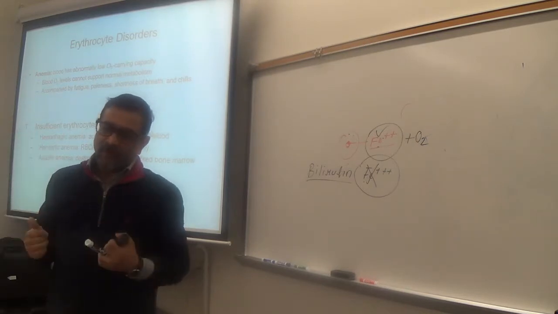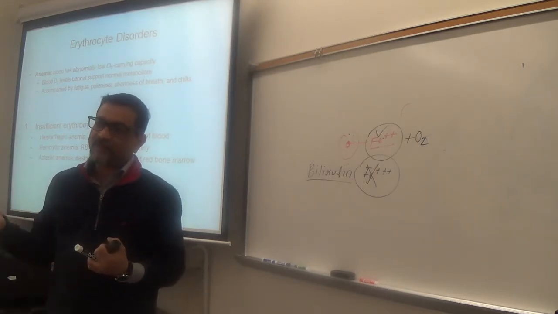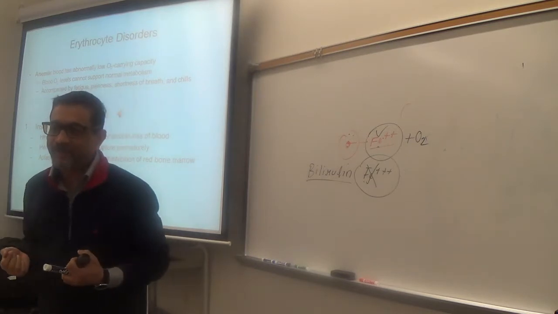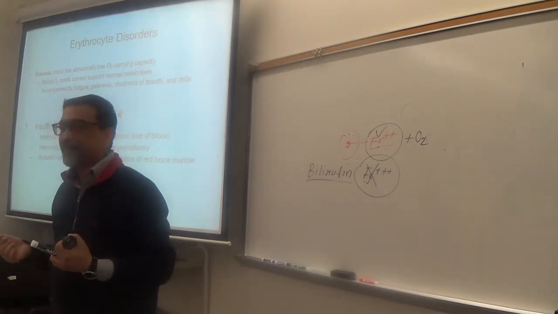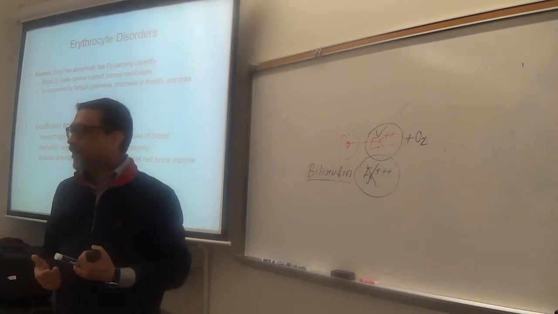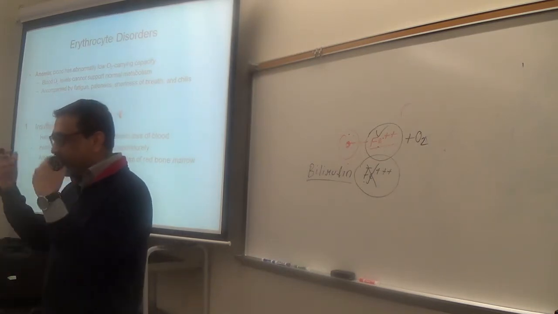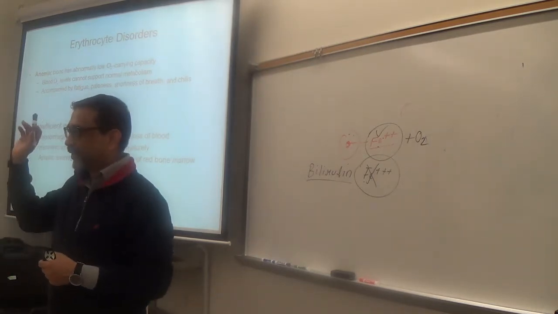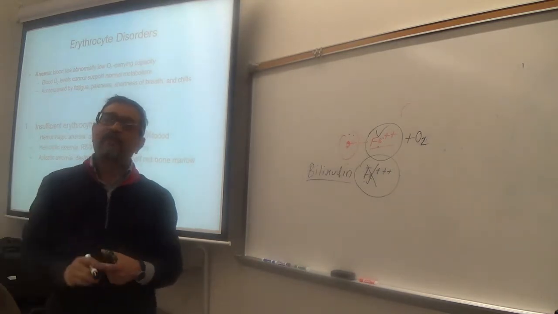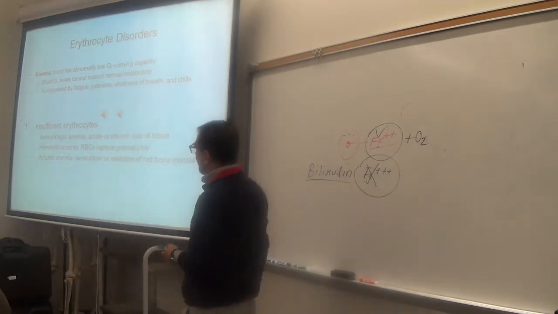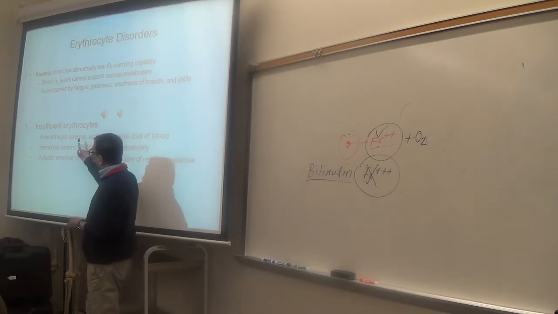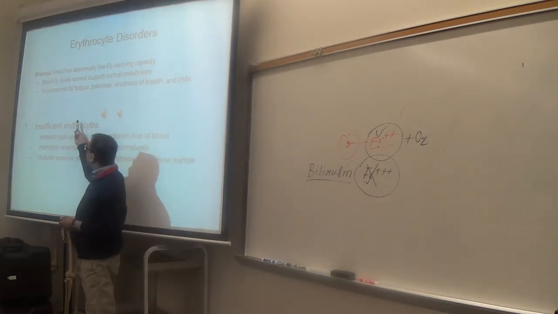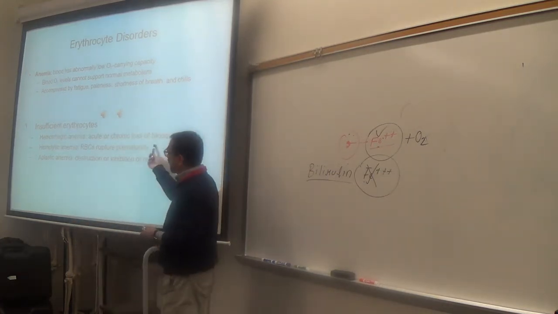If in your body the red blood cells are destroyed after 1 month, premature destruction of red blood cells, that will also cause a decreased number of red blood cells. Make sense? So that is another type of insufficient erythrocyte.